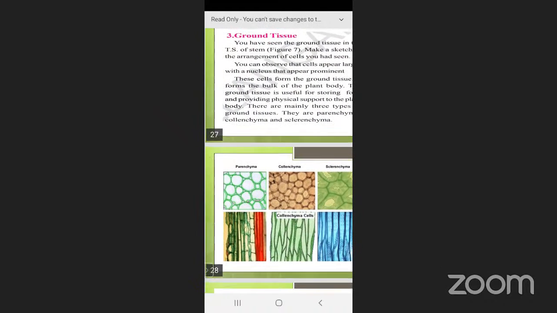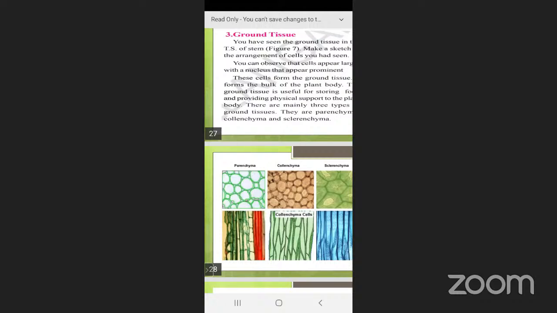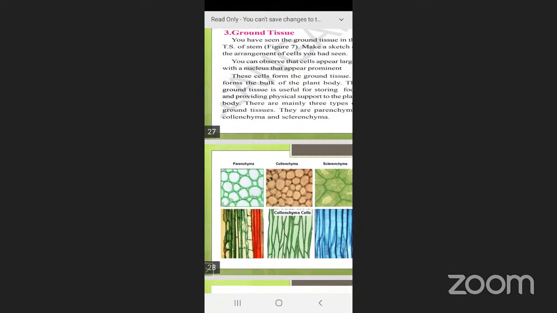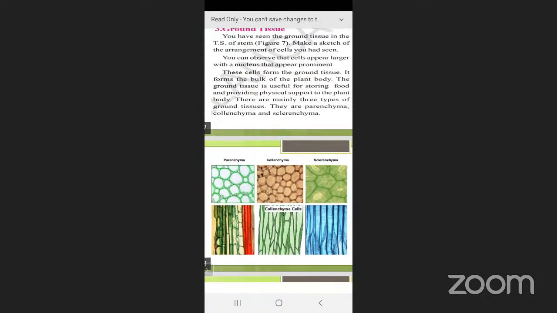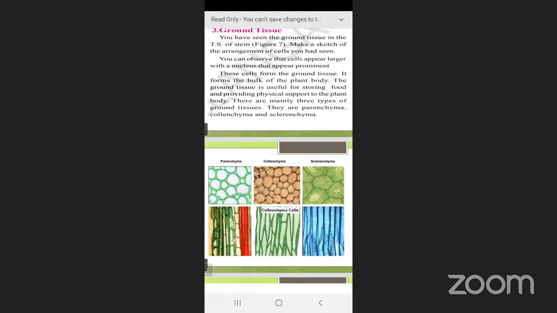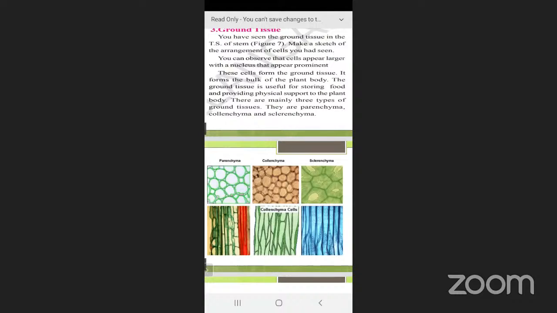Epi means outermost, meso means middle layer, endo means inner layer, right? So likewise here in ground tissue, there are mainly three types: parenchyma, collenchyma, sclerenchyma.